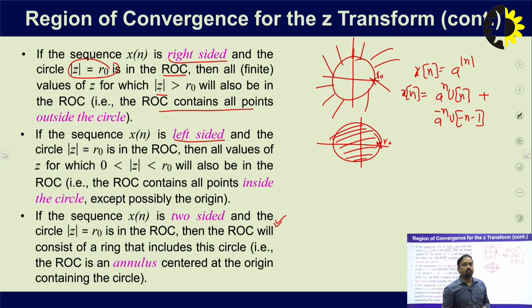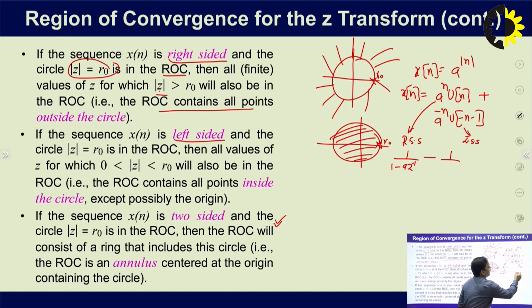So we generally break this x[n] into two types. One is a right sided signal, and this one is a left sided signal. So our first and second questions are applied to these signals. The transform is 1 by 1 minus a z inverse, and here we have minus of 1 minus a z inverse, and here also we have.